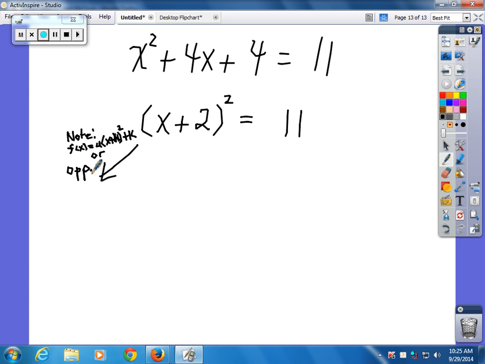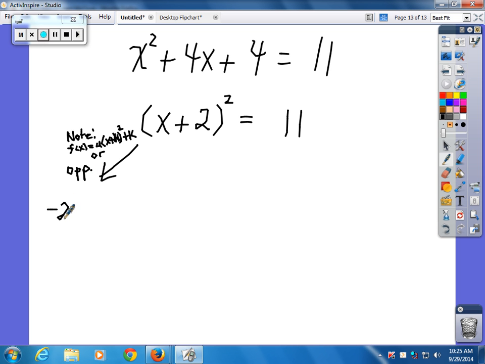Now, if you put it in the form a times x plus h, quantity squared, plus k, then you have to take the opposite of the horizontal shift, which I taught you, and take the k and just bring it down, and that'll be your vertex. But with just taking the opposite of both, you just get what?